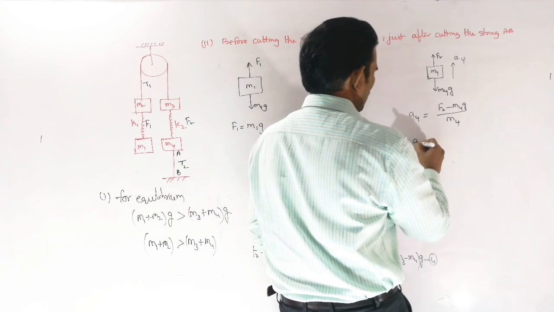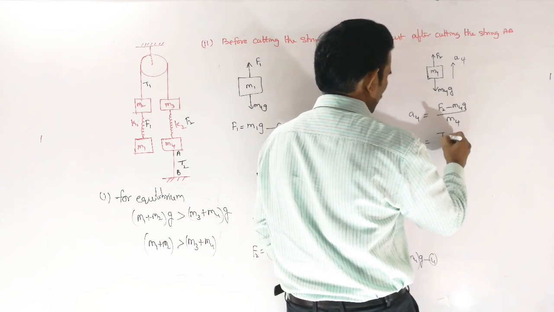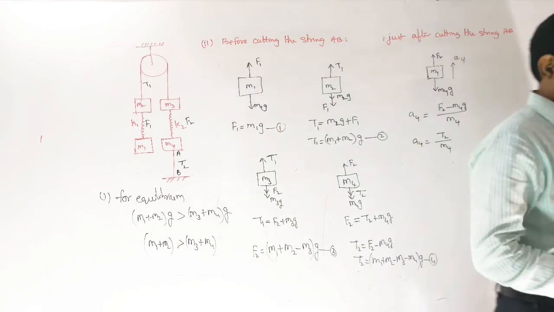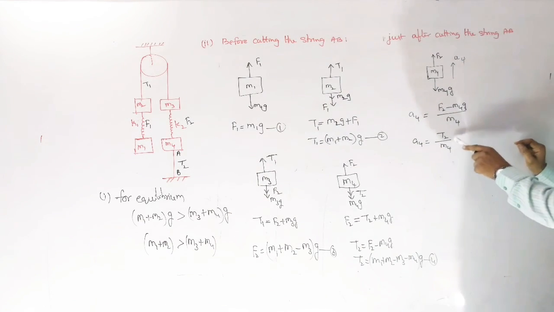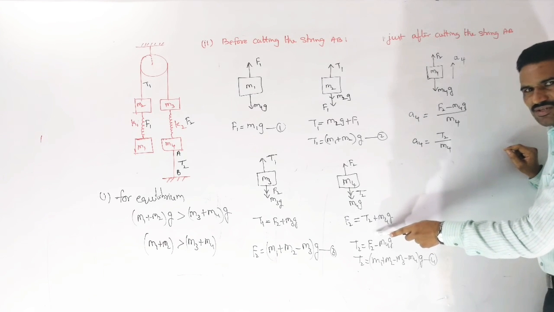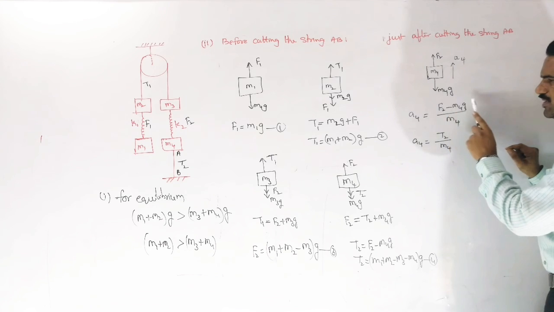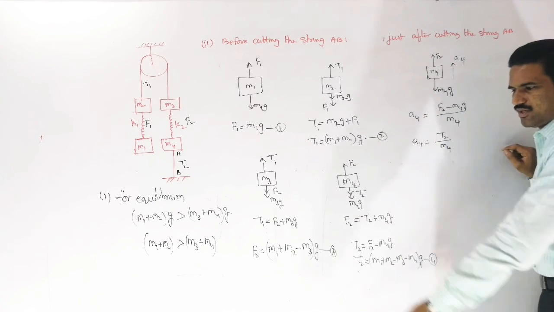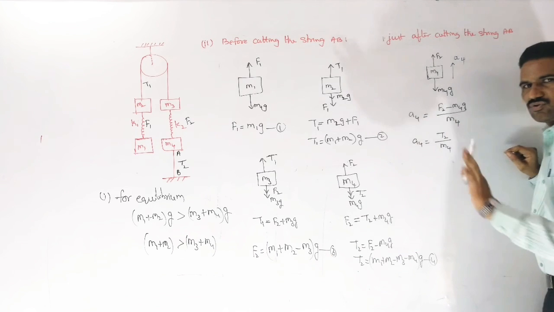So therefore I can write this expression as T2 by M4 numerically. Observe this. T2 is the tension before cutting this string. So from this equation I am substituting that. You can substitute the F2 value here, as the F2 value is known to us. You can substitute the F2 value directly also.